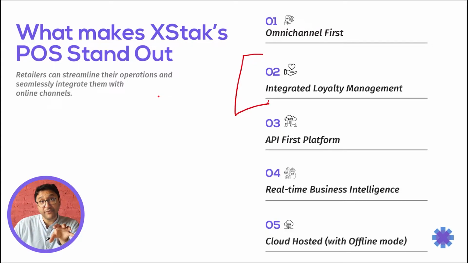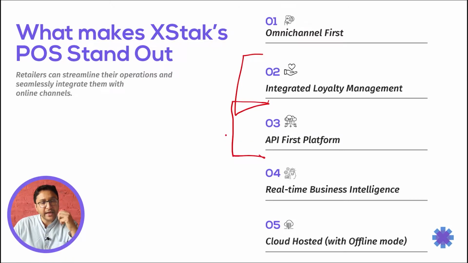We have integrated our omni-channel loyalty management system into our point of sale platform as well. So the customer gets one unified experience, whether they're shopping on your Shopify store or your Magento store, or whether they're transacting with you offline in any of your locations. And that deeply integrated, embedded experience makes your operations extremely easy and provides for a great customer experience.